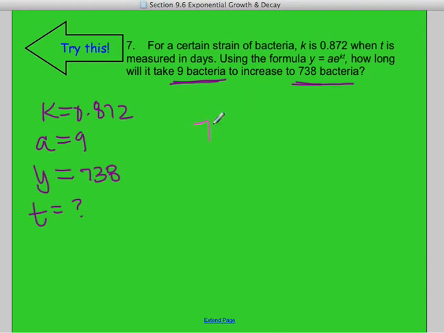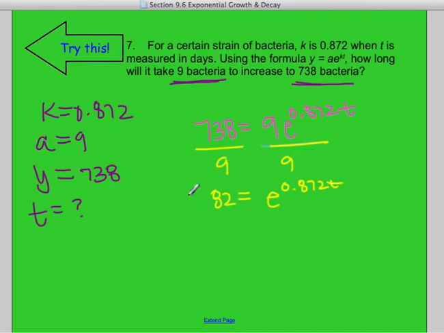So we know y is 738 equals A, 9, e to the k, 0.872, then we don't know t. So first things first, I would divide both sides by 9. 738 divided by 9 will give me 82 is equal to e to the 0.872t.